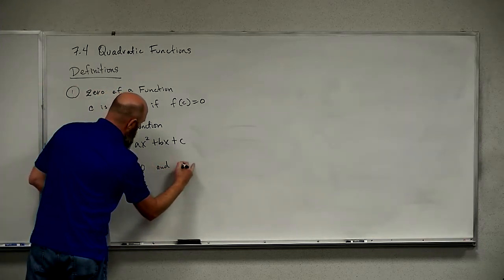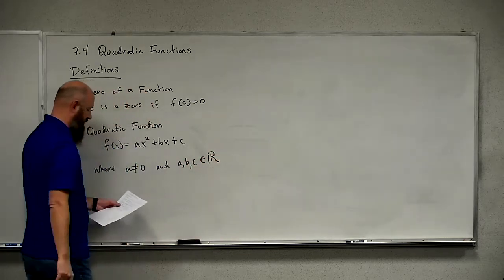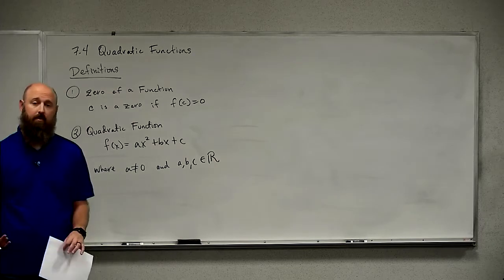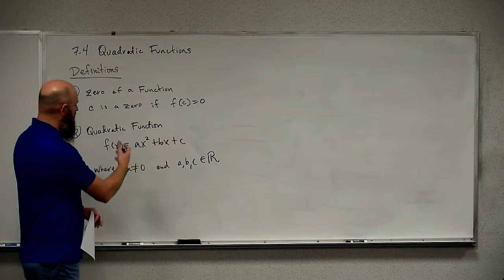And a, b, and c are elements of the real number system. So those are all going to be real numbers. As long as those things happen, we do have a quadratic.